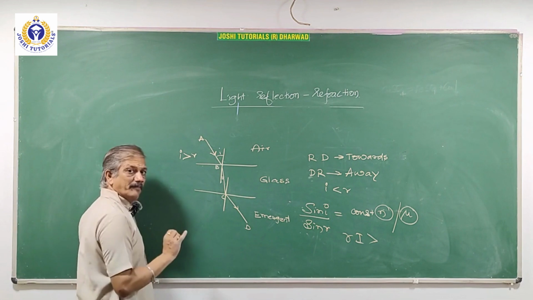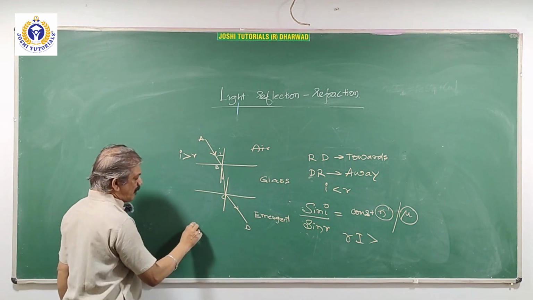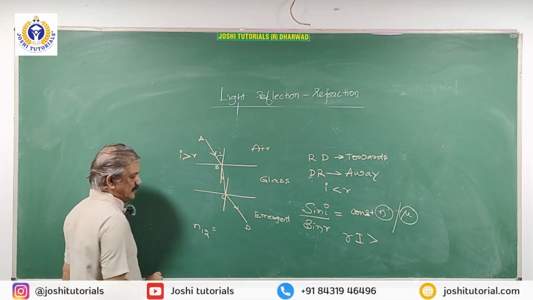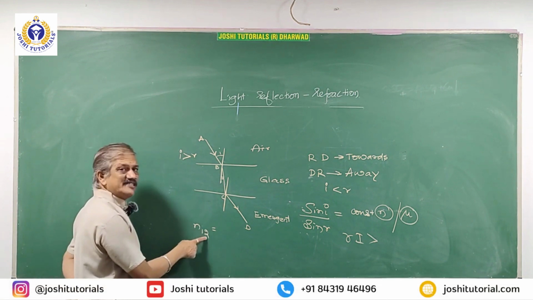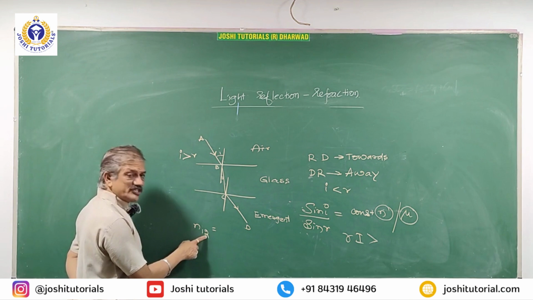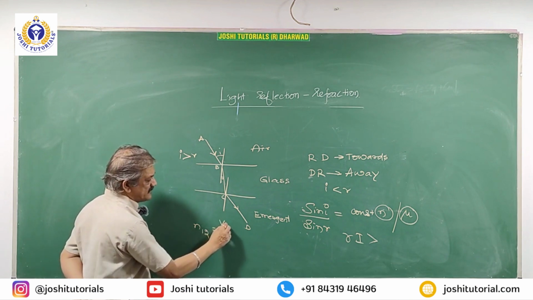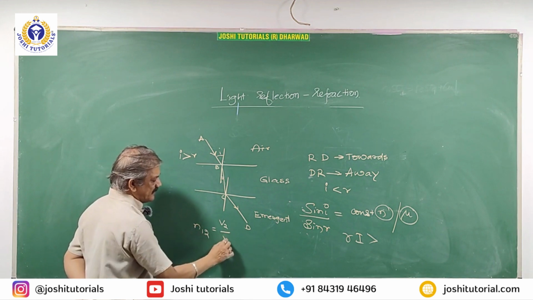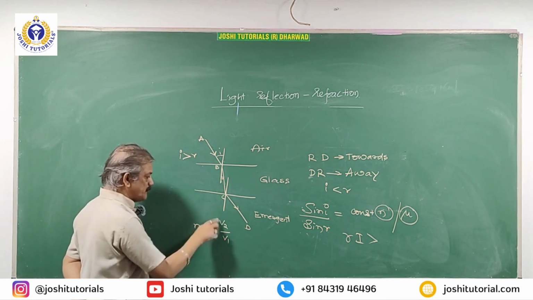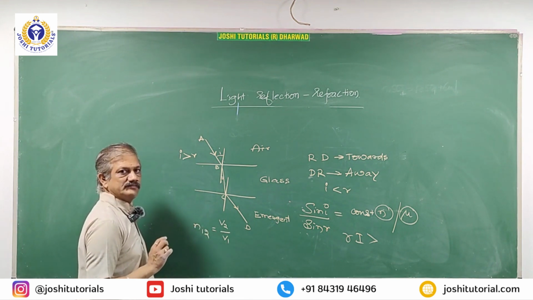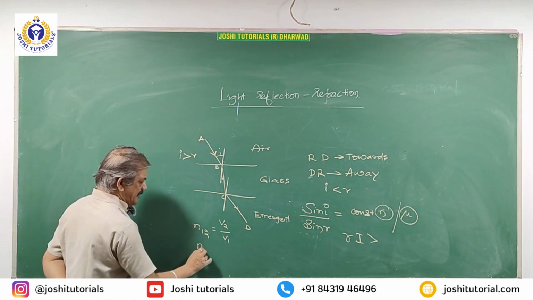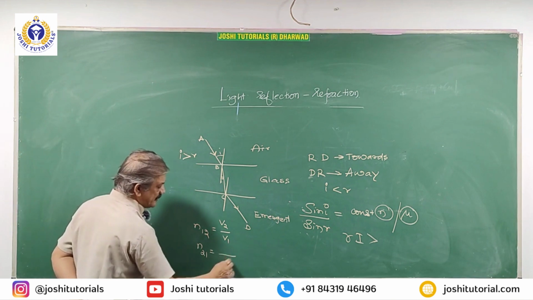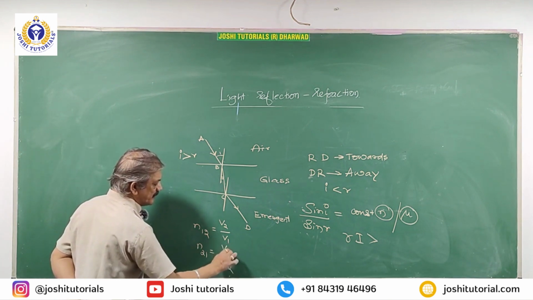And one more thing, remember. For n12, refraction took place in the second medium. You write this 2 first, that is v2, and this 1 second, v2 by v1. For n21, first is 2, you write here v2, it is v1.